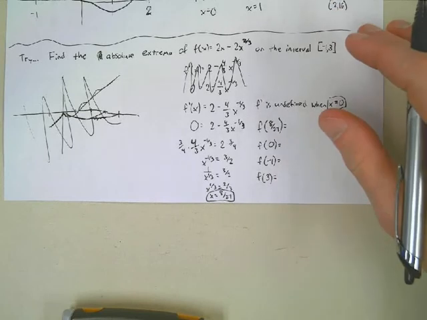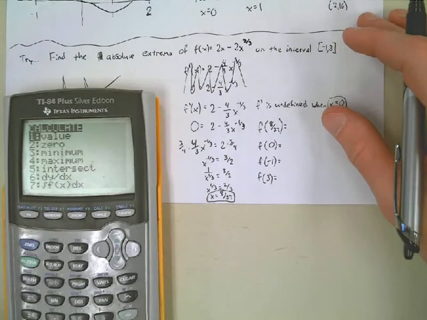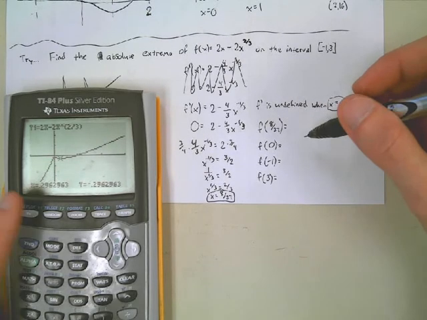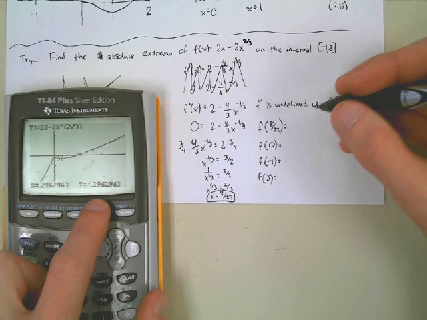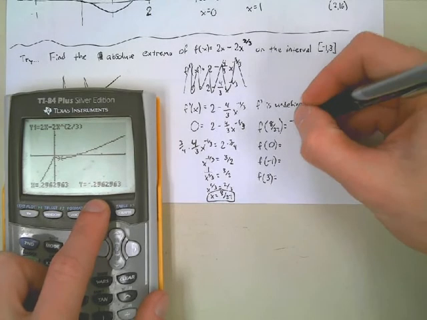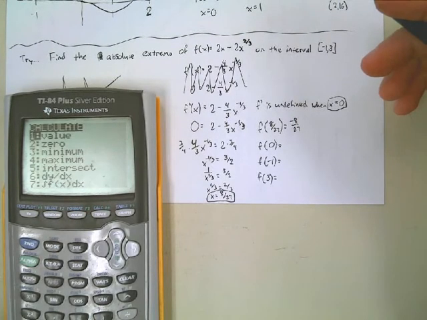Second trace, I'm going to do the value command, and type in 8/27 for the first one. It gives me exactly negative 8/27. Second calc value at 0 gives 0.